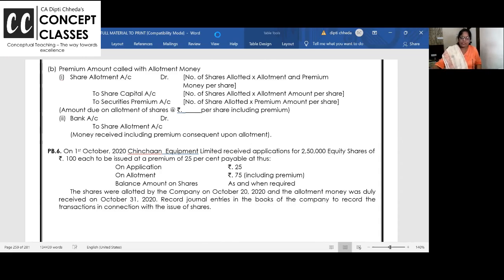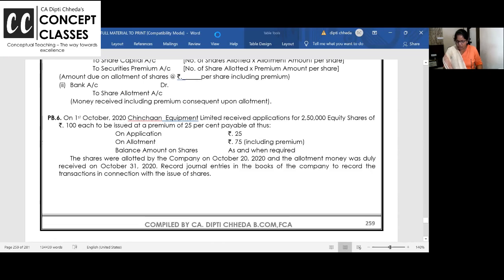So the sixth problem we are doing now in class. On 1st October, Sinchan Limited invited applications for 2,50,000 equity shares of 100 each at 25% premium. So 125 rupees you should get. On application you are calling 25, on allotment 75 including premium.